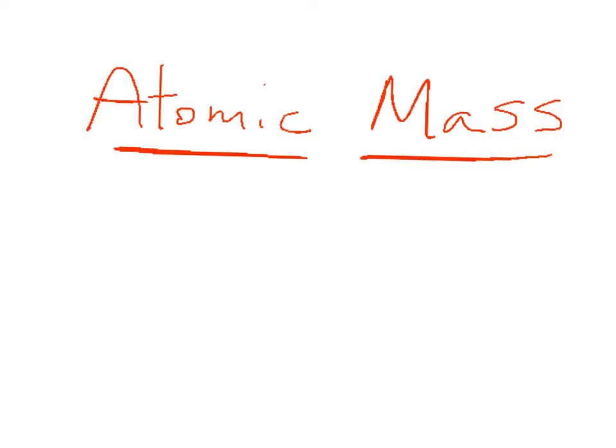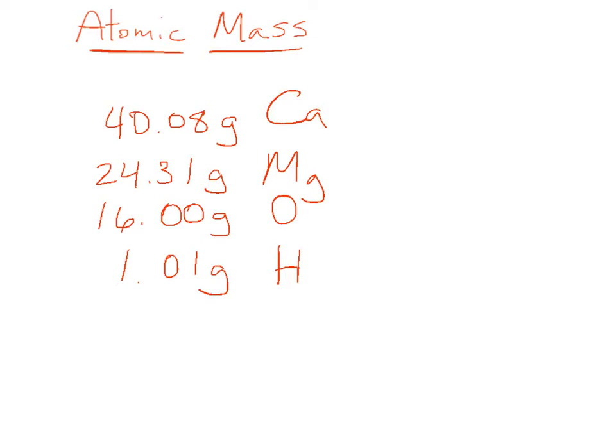Okay, first let's talk about atomic mass. So, what is atomic mass? Well, there were some clever chemists back in the day who realized that when you combine certain elements, they all seemed to be in a certain ratio to each other. For example, when you combine certain elements together, such as calcium, magnesium, oxygen, and hydrogen, there seem to be almost perfect ratios.